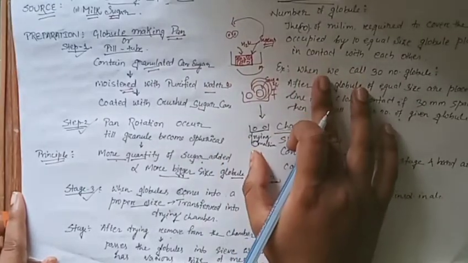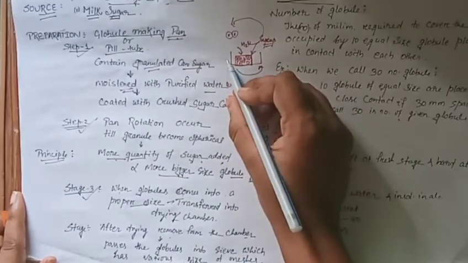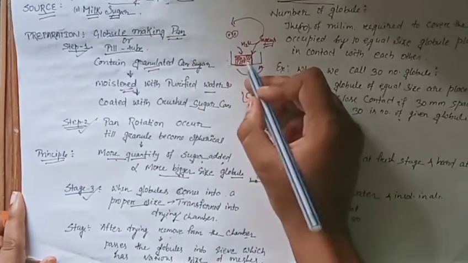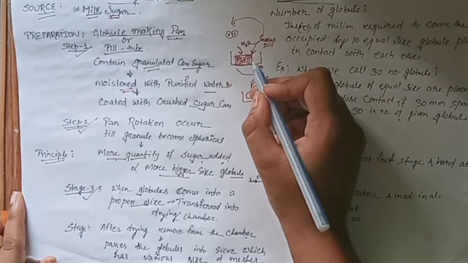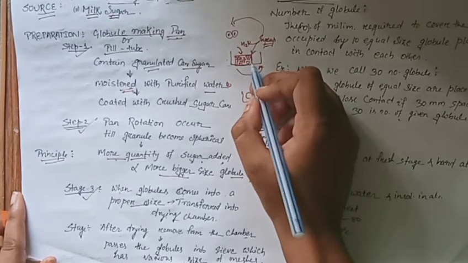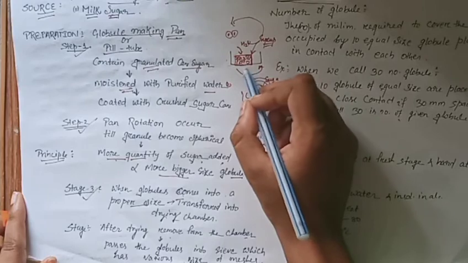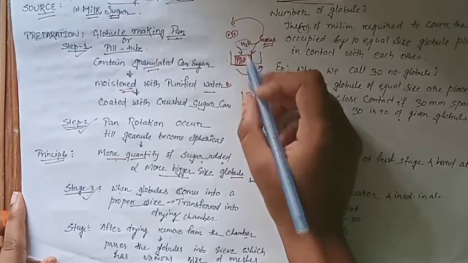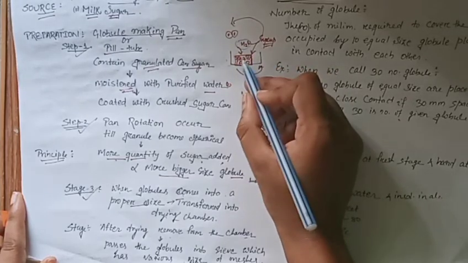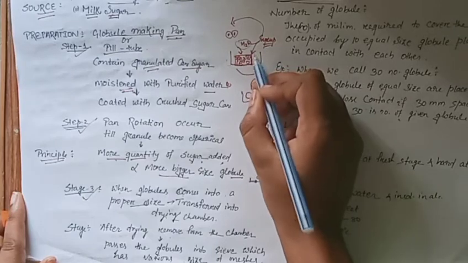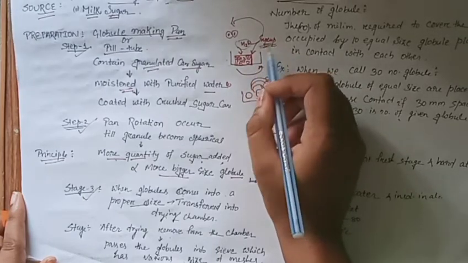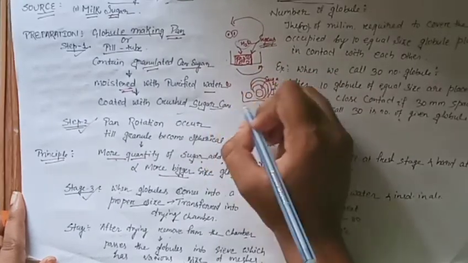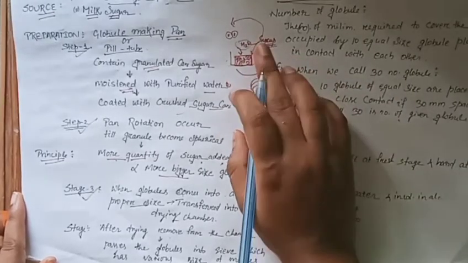So first, we take a pill tube or globule making basin. In it we add sugar cane granules. Then we moisten them by adding water. After adding water, when they are moistened completely, we add syrup like crushed sugar cane. Then our stage 1 is completed.